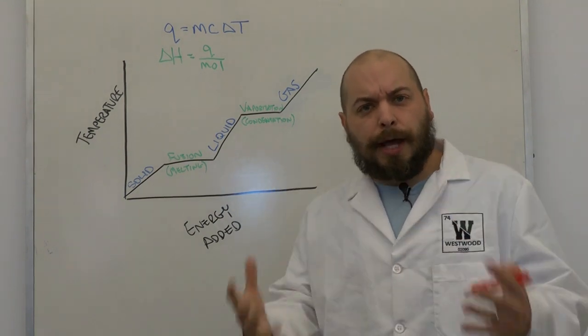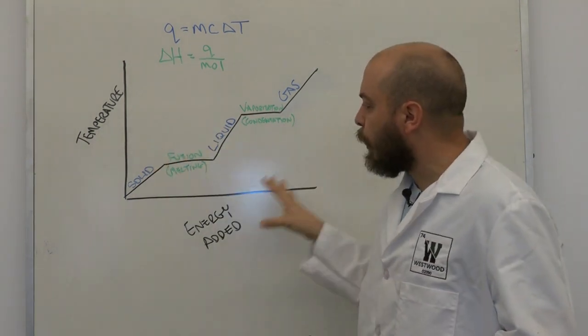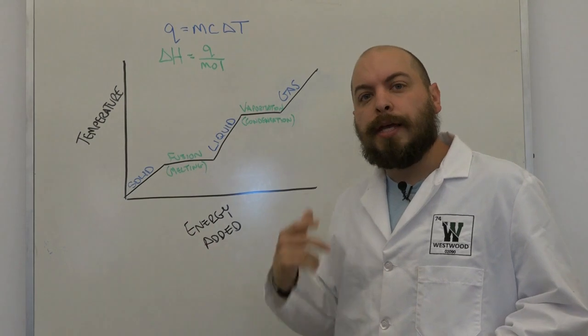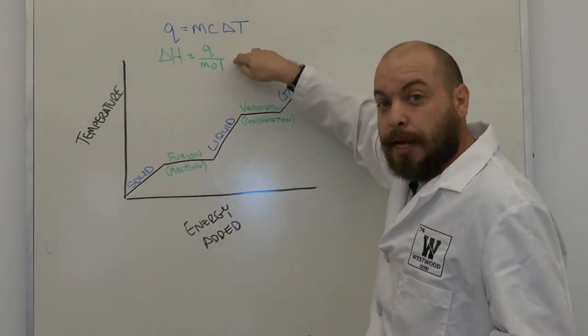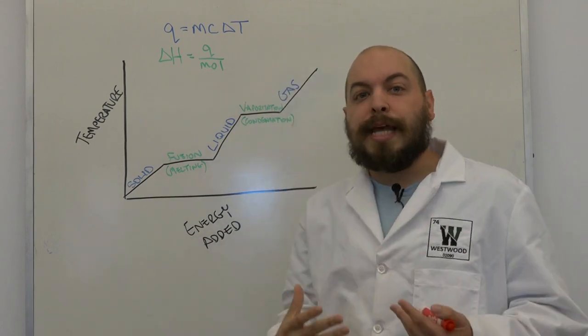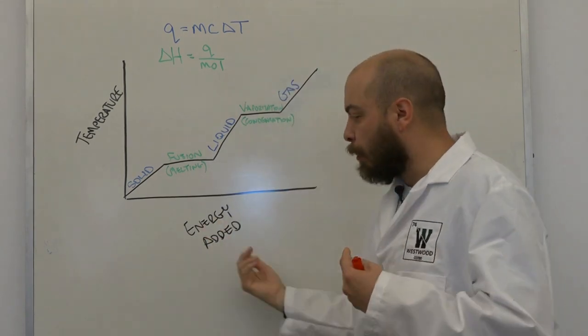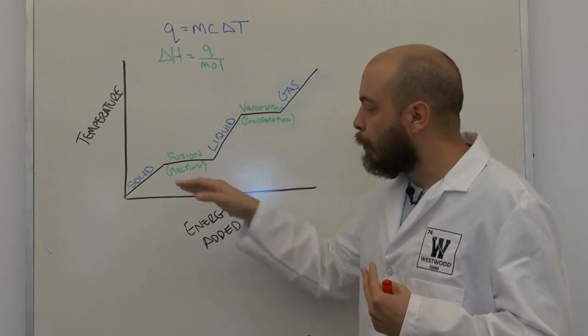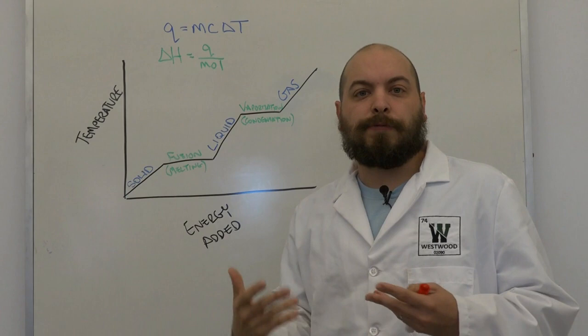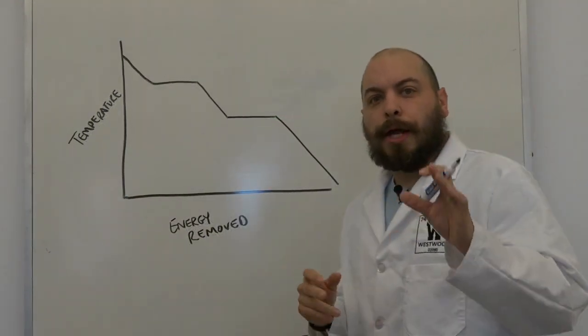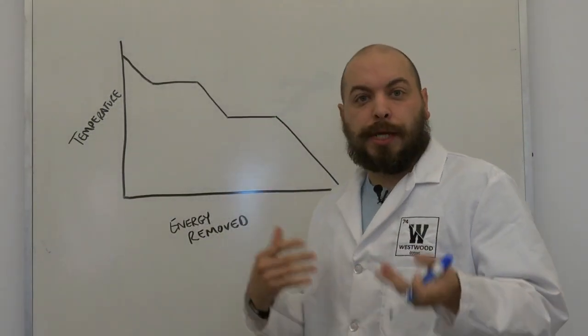So we can find a lot of information just by looking at this one curve. If we connect back to our mc delta T and our delta H equations, we can quantitatively assess the amount of energy being input compared to where we are on this curve and actually be able to use this to perform some calculations.